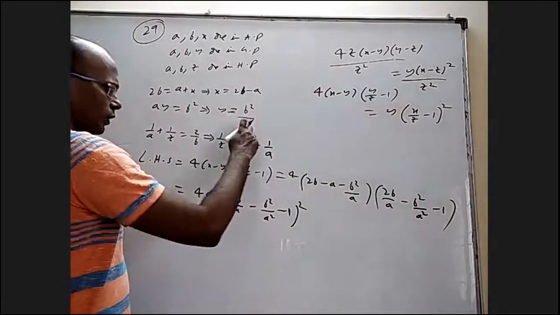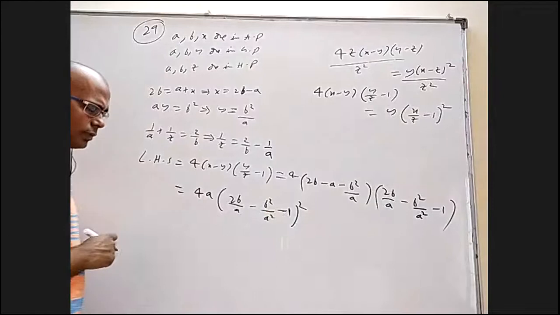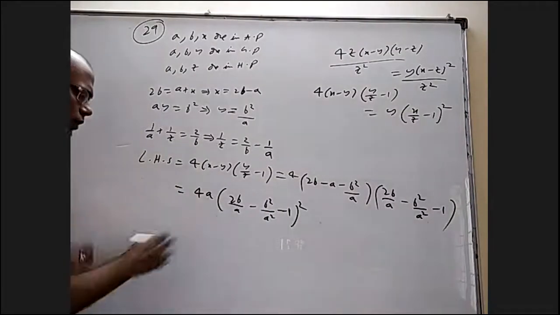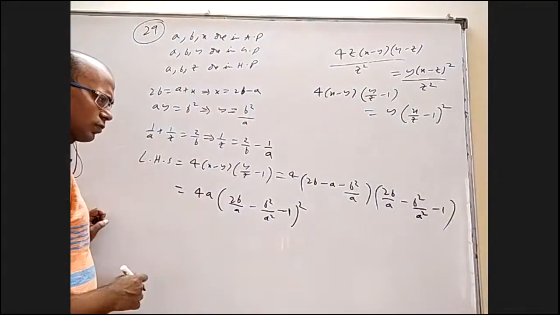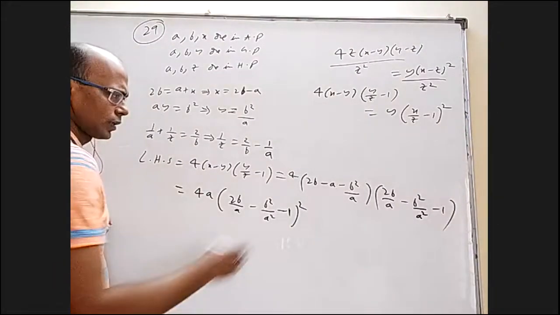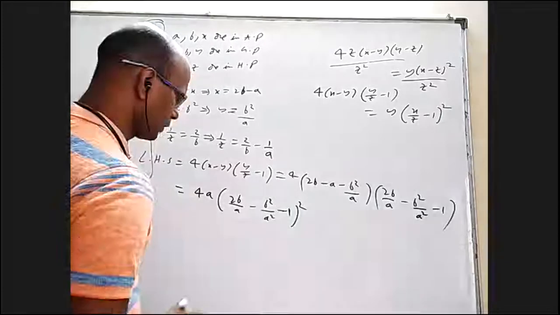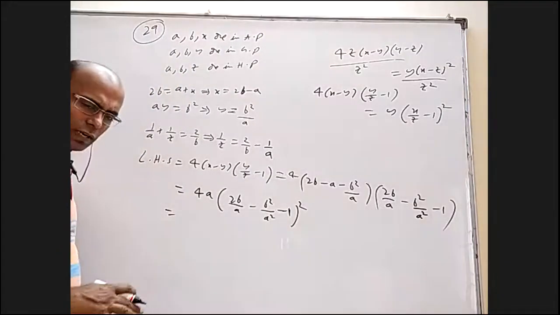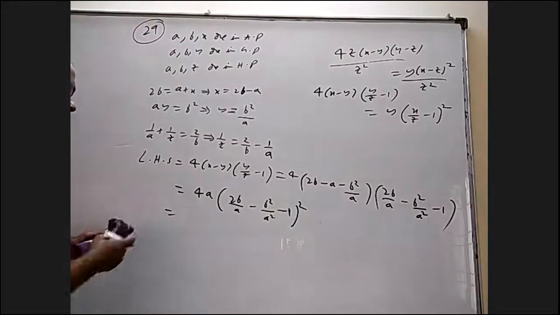So if I want y, I should take b by a common out of this, so that I'll get b square. Right here I can take LCM or b by a common. Or you can just find LHS and RHS, leave it. This is LHS.